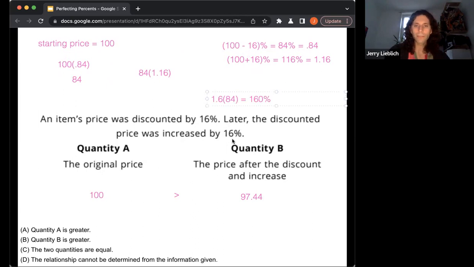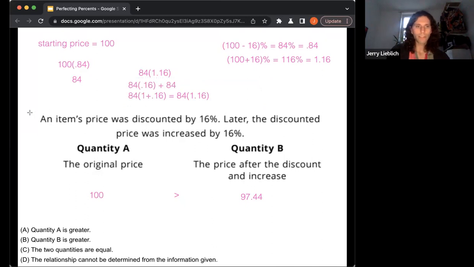We only want to increase by 16%. So you could do this in multiple steps by saying, I take 84 and I take 16% of that, and then I add that to the original. That's the same as doing 84 times 1.16, or just 84 times 1.16.